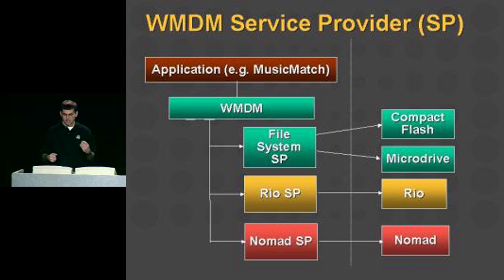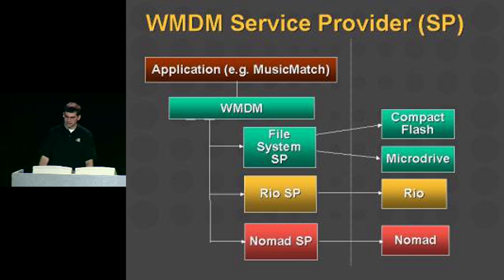And the media, if it's going to hold protected content, actually has to have a serial number. So you plug it into the PC, it has a serial number, and it looks just like a file system. And so WMDM will load up the file system service provider and will transfer the content as if it's writing to a drive. And in the case of protected content, it will lock it to the serial number of the media.